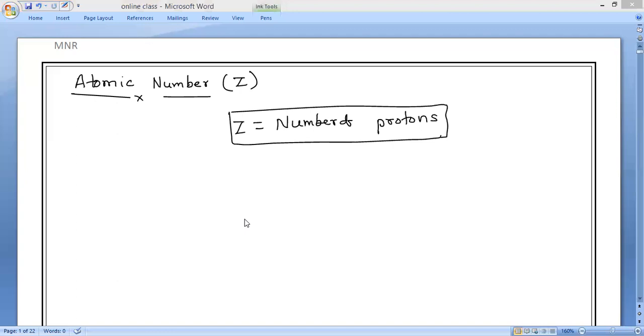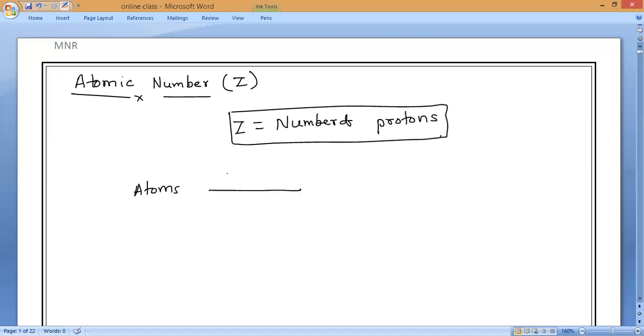So atom may lose electrons or gain electrons, and after gaining or donating, it will turn into something. What is that called? Ions. So they will turn into ions. So that is why atomic number means only number of protons.